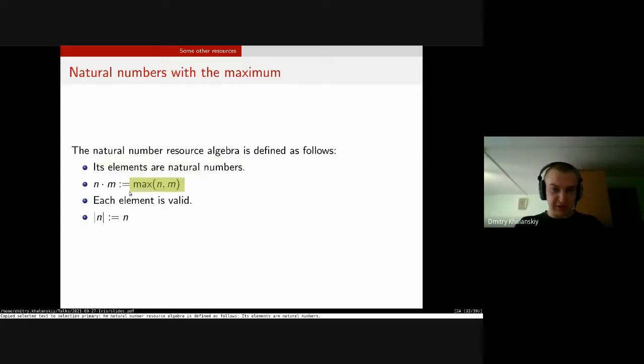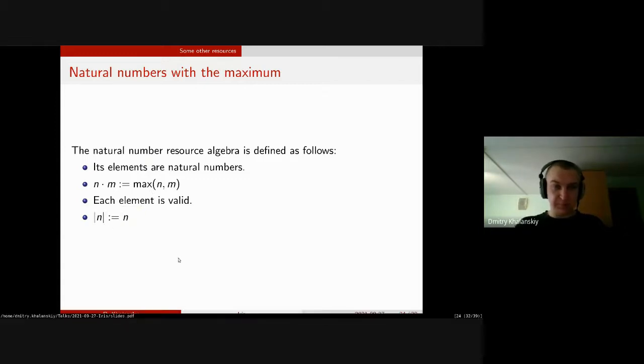And as for the semigroup operation, we have the max operation. Each element is once again valid. And due to the idempotence of max, we can set the core of each value to be itself. Once again, no non-trivial interactions.